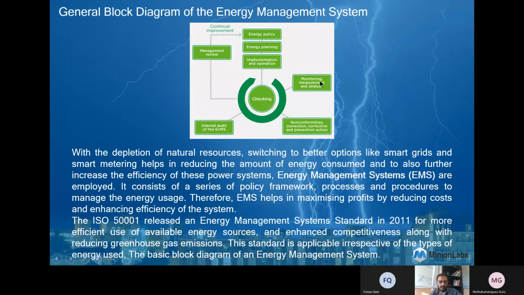So if you see this block diagram, the policy should be created at the initial stage. According to the policy or a rule, the energy planning must be brought on. That planning implies some operations that are to be done. After checking those operations, after reviewing the management or any operations, if it's fine, then the energy efficiency is already made.